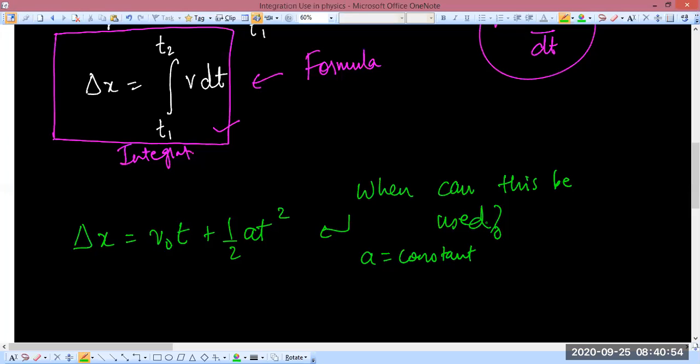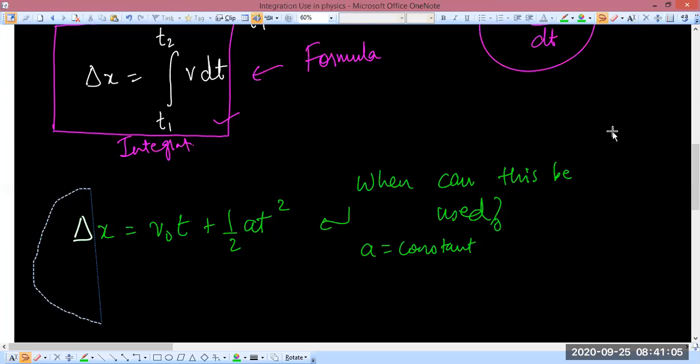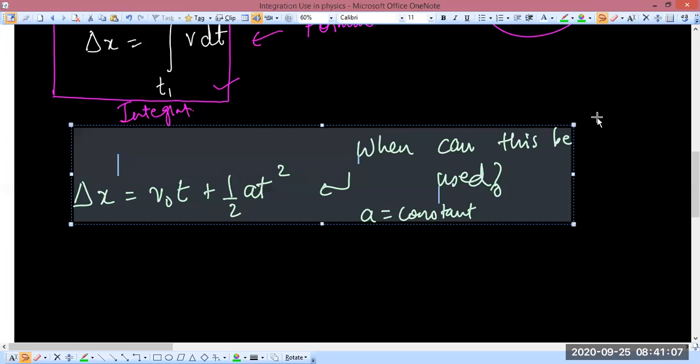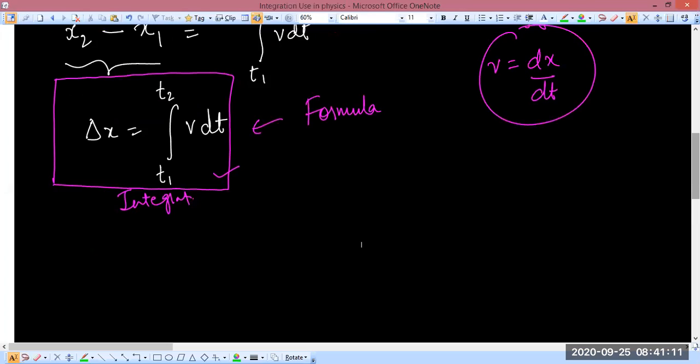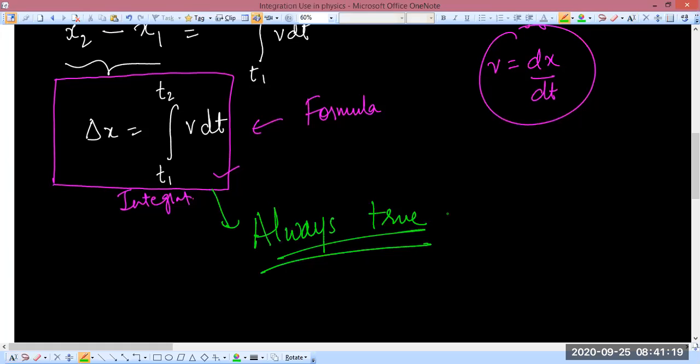But of course, you know what's the advantage of the formula written above, the integration one, right? The good thing about this formula is it is always true. You don't have to worry about anything.